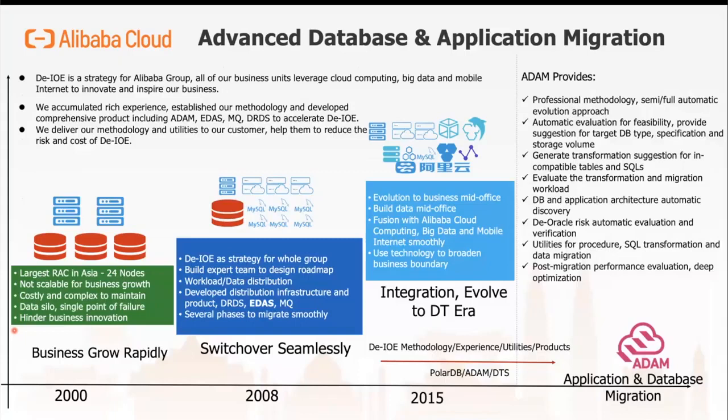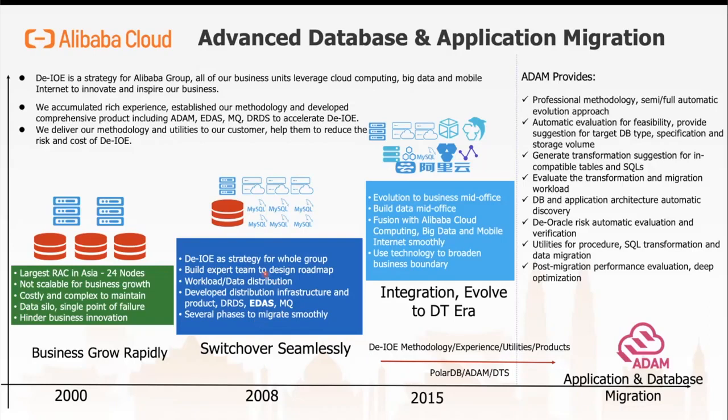Back in year 2000, Alibaba Group was actually running the largest RAC cluster in Asia with 24 nodes. It was expensive to maintain, complex, and had high licensing costs. It actually hindered our business innovation because at that point in time, Alibaba's business was growing rapidly. So there was a motivation to move out of Oracle.